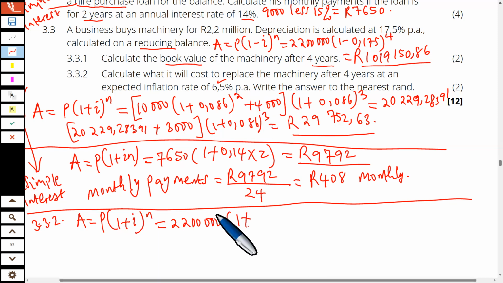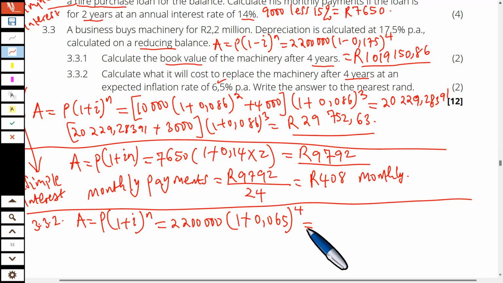So 6.5% per annum means you divide by 100 because it's compounded annually, which gives us 0.065, raised to the power. How many years will that be? They're exactly 4 years of inflation, at an expected inflation rate of this much. So it's 4 years, and then we get the answer.